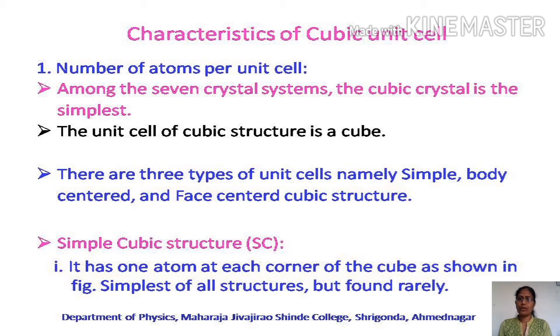cubic structure. During today's lecture, we will try to finish two of the characteristics of unit cell, and these are the number of atoms per unit cell and coordination number. As I have told you, we are going to use a small z letter to express the number of atoms per unit cell. In a few textbooks, small n is also used, and while solving our examples, as we have taken the data from a textbook, I have used small n also.